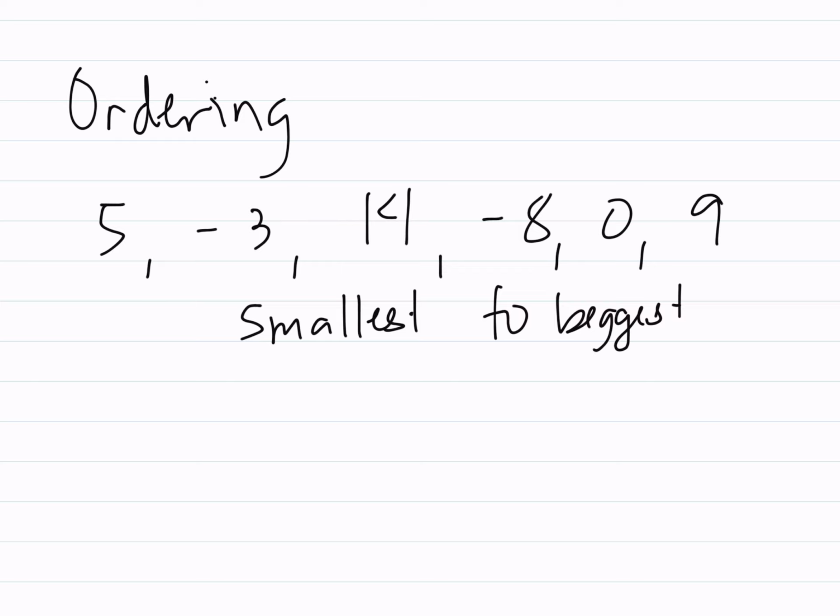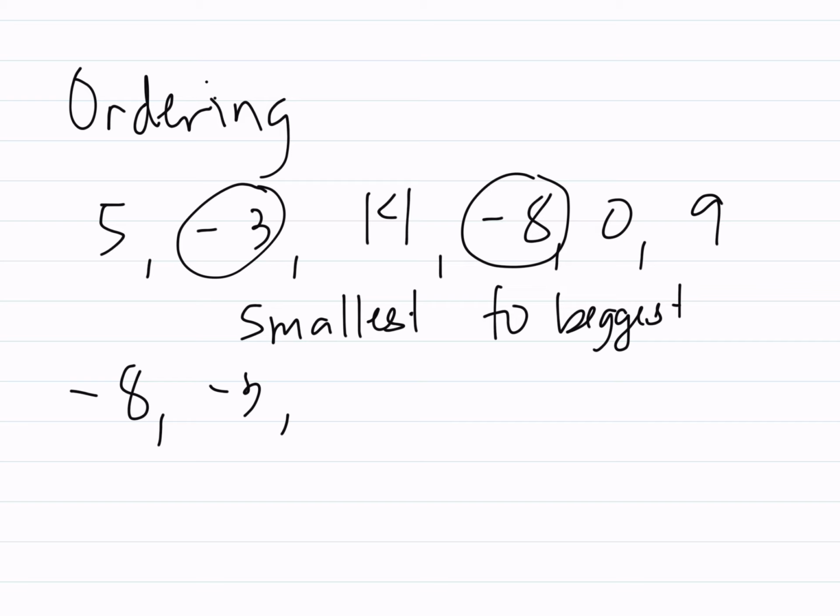We have only two negative numbers here. So which among the two is the smallest, the negative 3 or the negative 8? Of course, negative 8, because negative 8 is very far from 0. So negative 8, followed by negative 3 next.